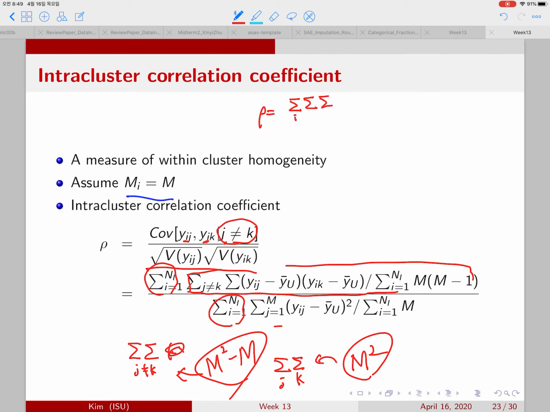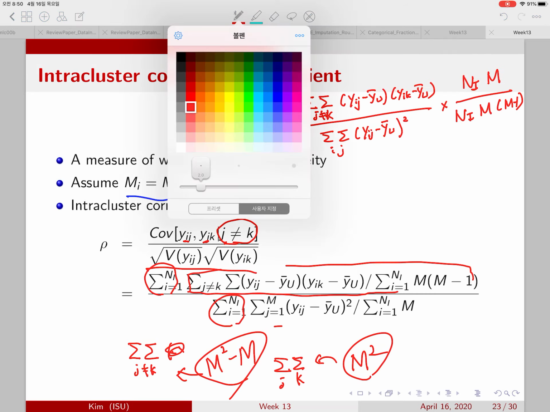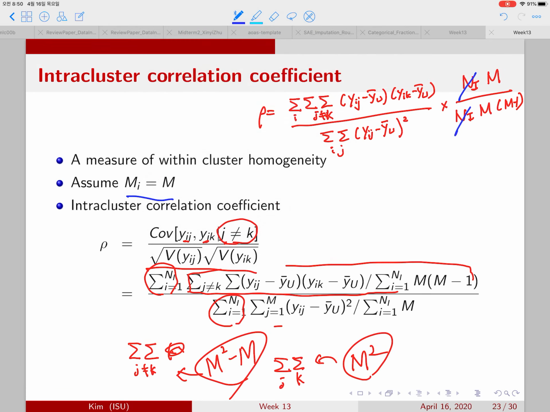Triple summation over i and j not equal to k of (y_ij minus y bar_u)(y_ik minus y bar_u), divided by the double summation over i, j of (y_ij minus y bar_u) squared, times N_i times (m minus 1), and then N_i times m. So you basically have this.